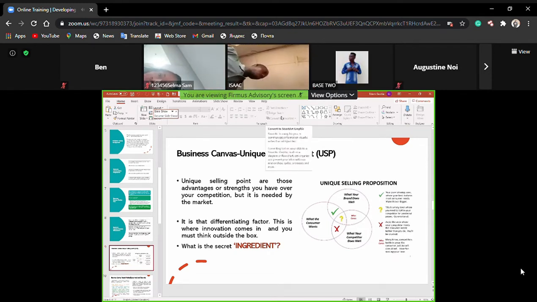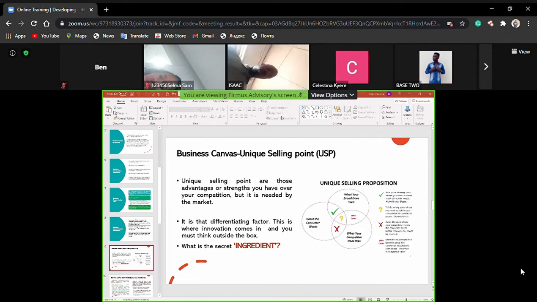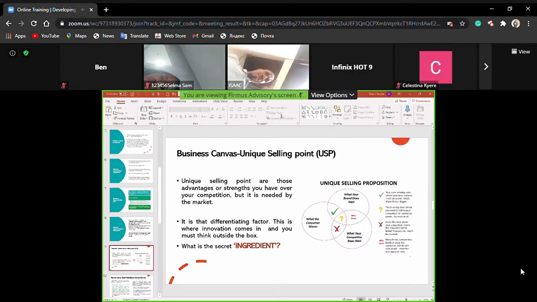So if you're a business and you are all in a cluster, if you step out of that cluster and come up with a differentiating factor, you are more likely to meet the needs of people, and that would increase your market share and market value.